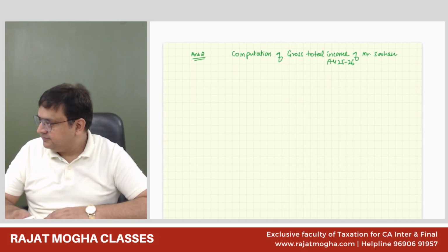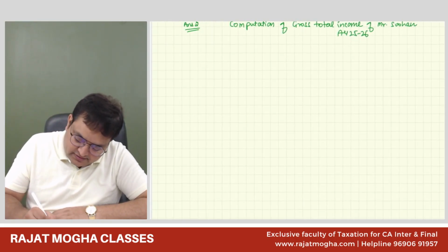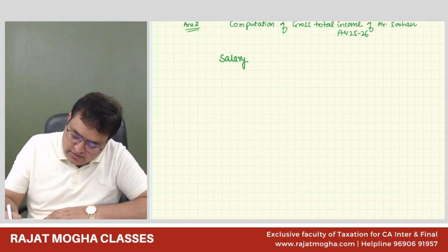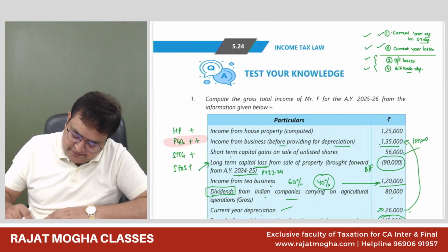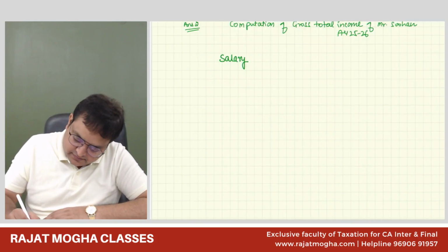Now we have salary income. Salary income we have is 3 lakh rupees, less house property set off of 40,000.